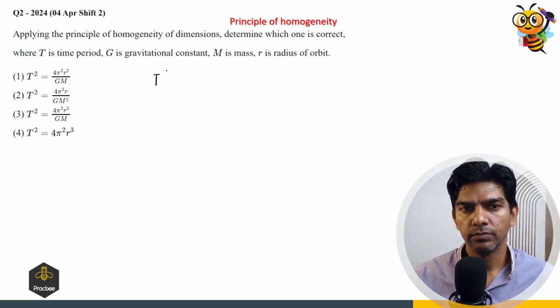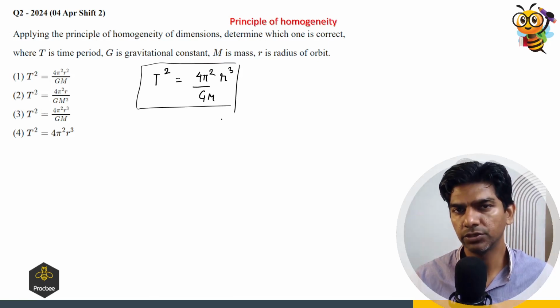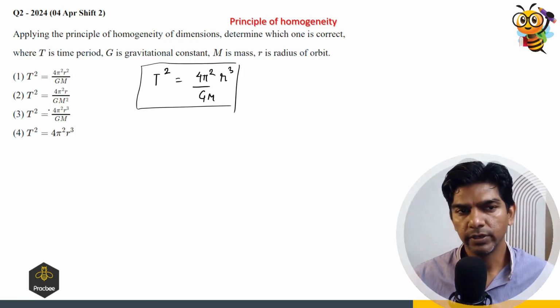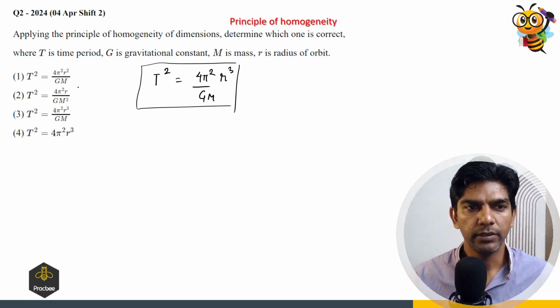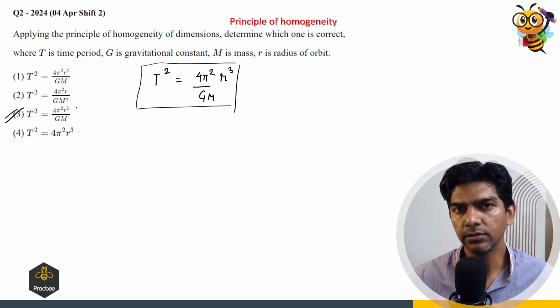T square is equal to 4 pi square upon GM times r cube, right? That is the formula which you must have studied in gravitation. If you know the formula, you'll be able to find the answer quite easily without doing any dimensional analysis. So here if you compare, it will be r cube, so option 3 is the right answer, and if you even check the dimension, you will get the same answer.